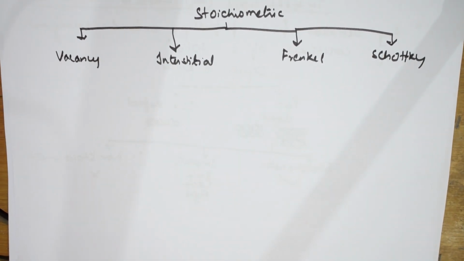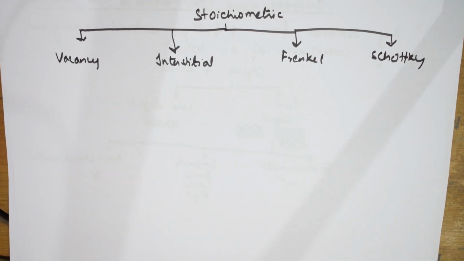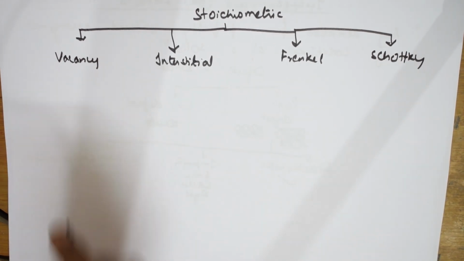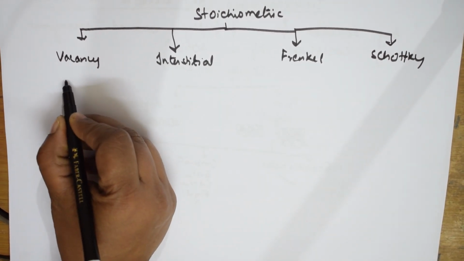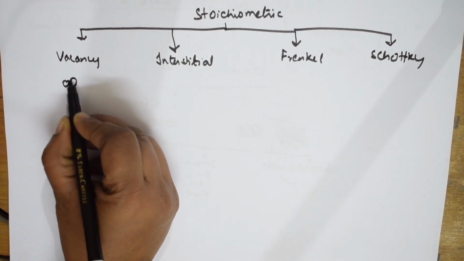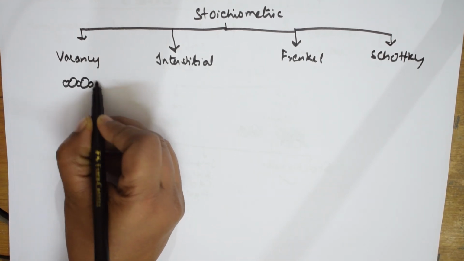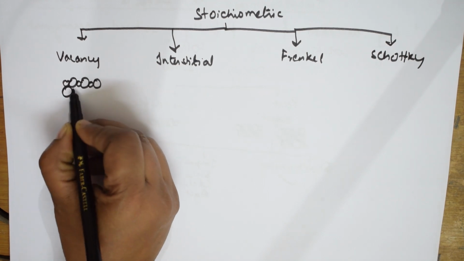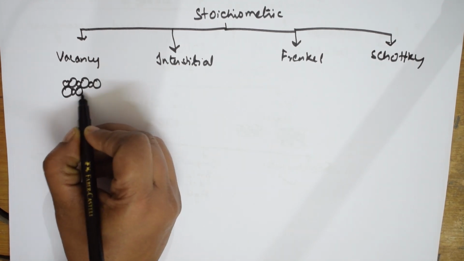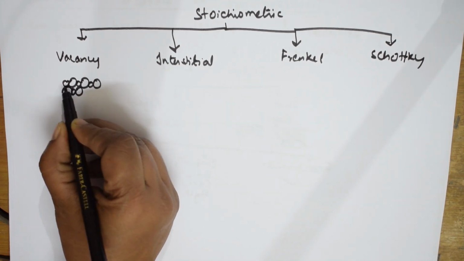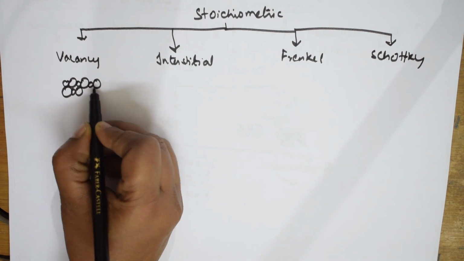So how should I remember this in the exam? Vacancy means lattice sites are vacant. Suppose there is a lattice with cation, anion, cation, anion, cation, anion.